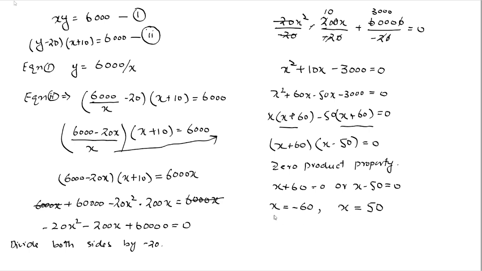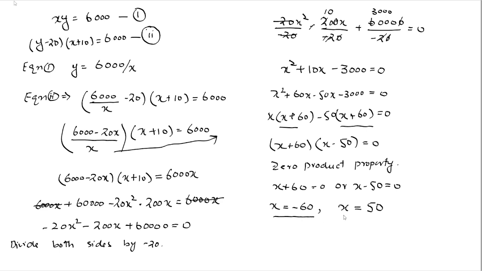Now as x represents a physical quantity, which is the number of shares, it can never be negative. It is already mentioned that the man has purchased the shares, and the minus means it is a sale, that he has sold, so we cannot consider the negative value.